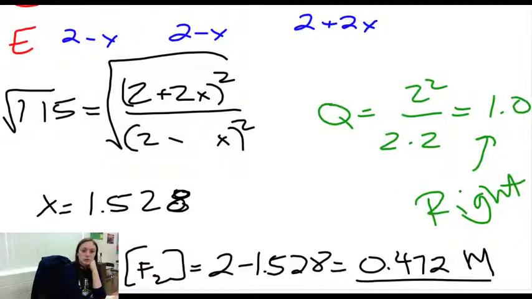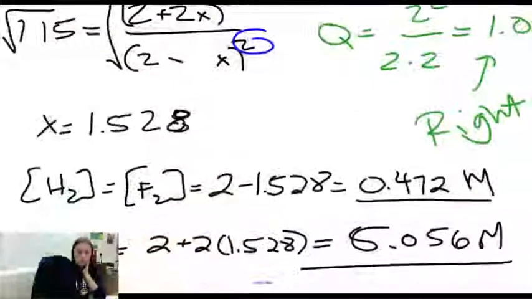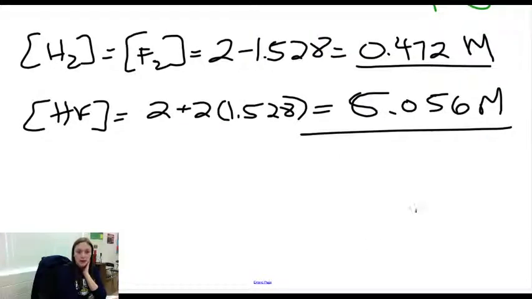Take the square root to get rid of these squared terms. And then we end up solving, and we get 1.528 as my x. It asks for the equilibrium concentrations. So I take 2 minus 1.528 because H2 and F2 are 2 minus x, and HF is 2 plus 2 times x. So it's 5.056.